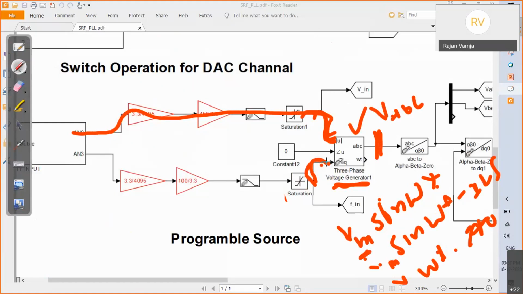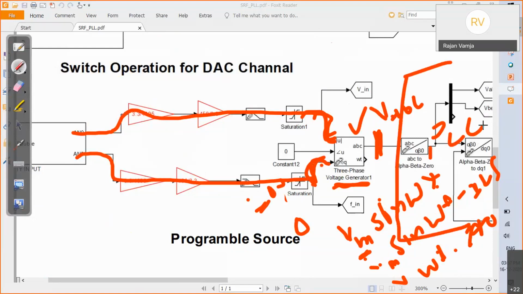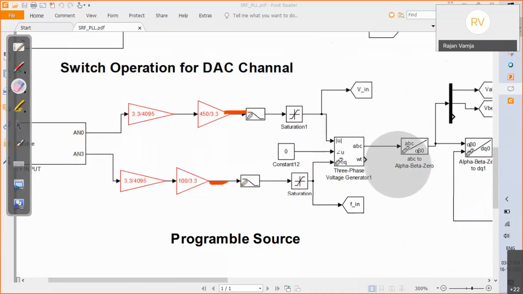The same goes for frequency. In that video, he was varying the magnitude as well as the frequency of the voltage given to the PLL algorithm, which has variable frequency and variable voltage.